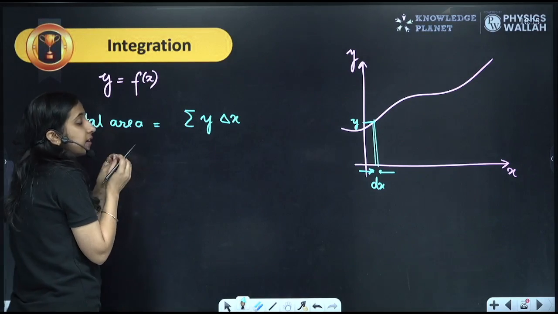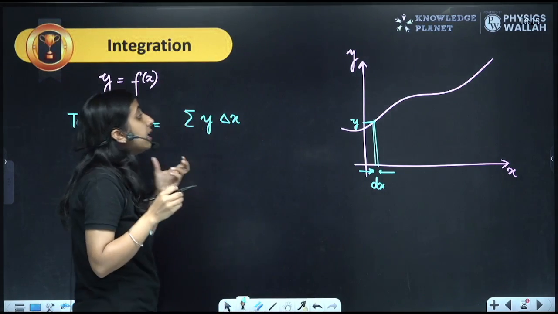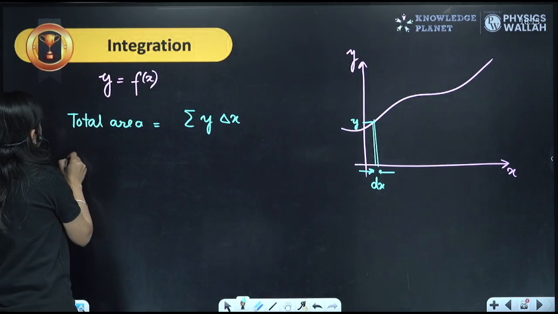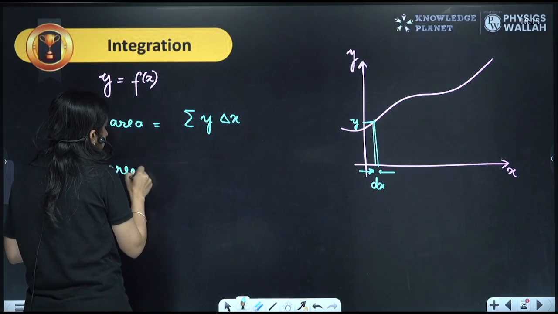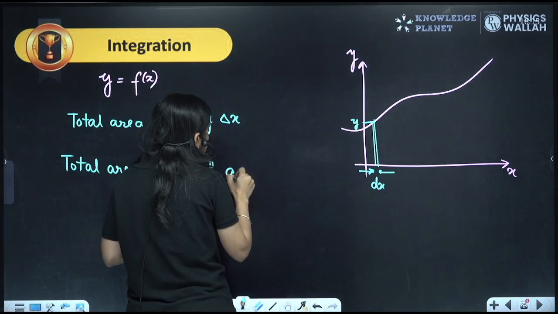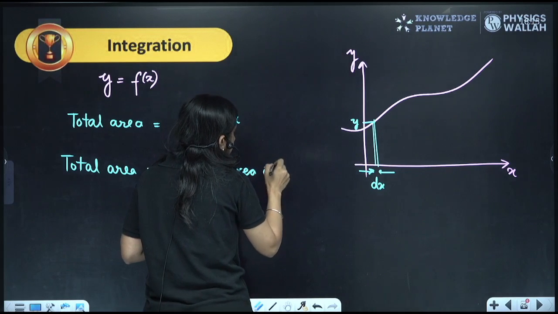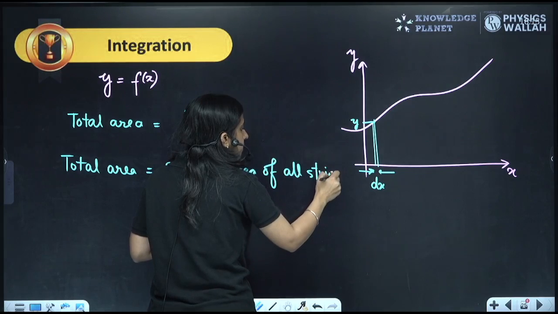Now we have taken strips of very small width such that y is almost constant. Now the total area will be the sum of the areas of all strips.